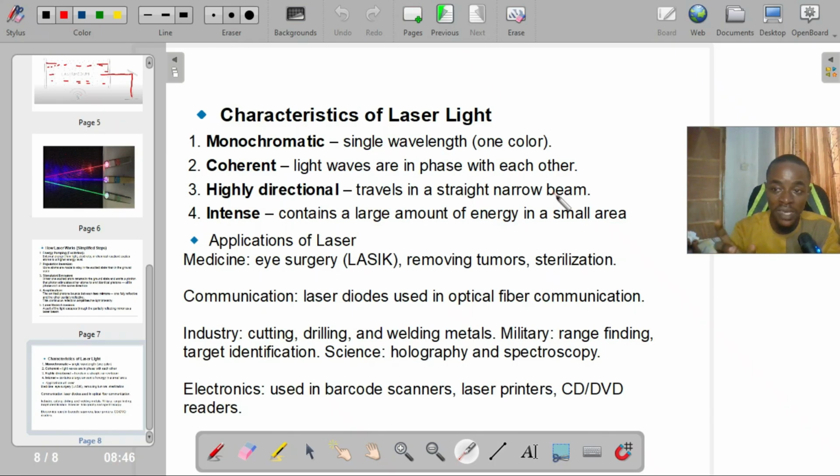You have to be very careful, as if you are using a very powerful laser. It is so intense that it contains a large amount of energy in a small area.